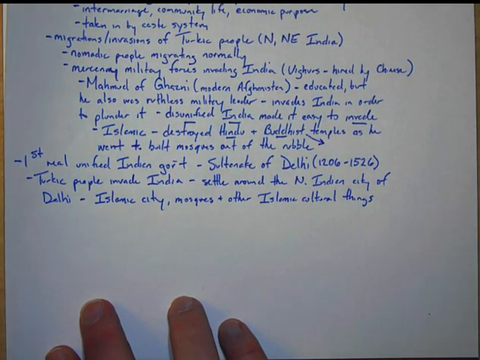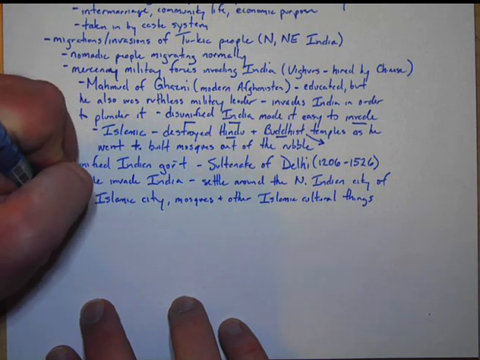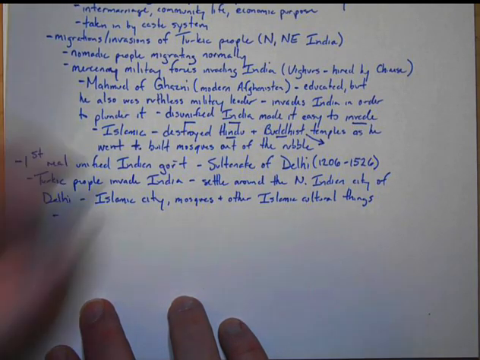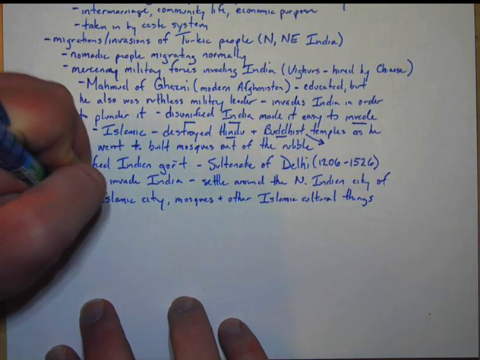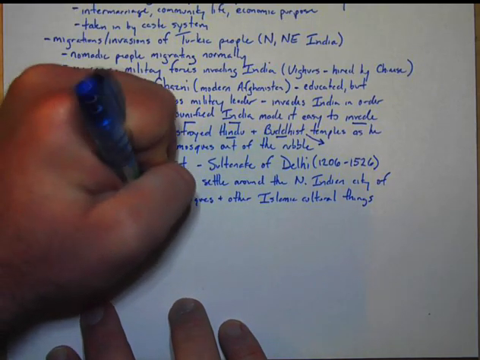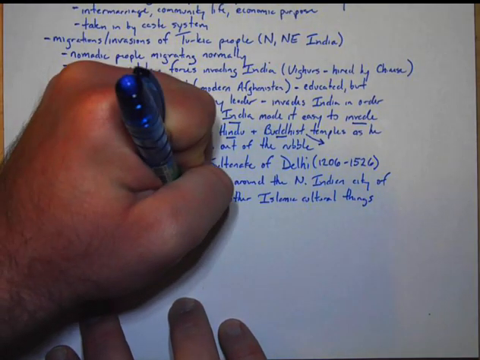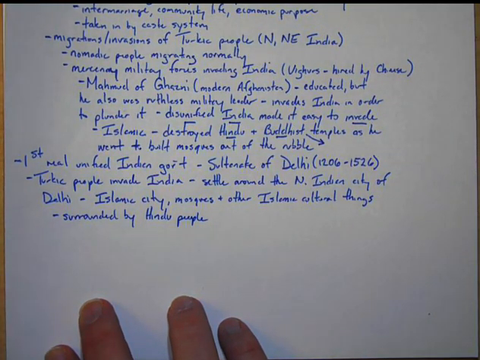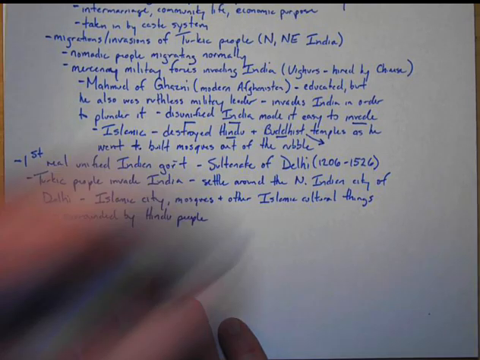The problem, though, is that the Sultanate of Delhi was surrounded by Hindu people. So you've got this island of Muslims surrounded by hundreds of thousands, if not millions, of Hindu people.